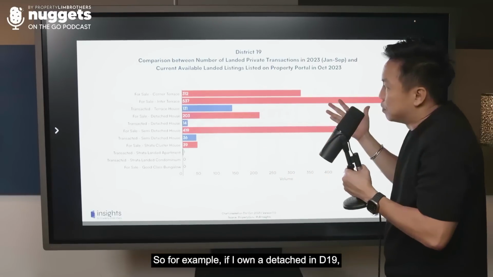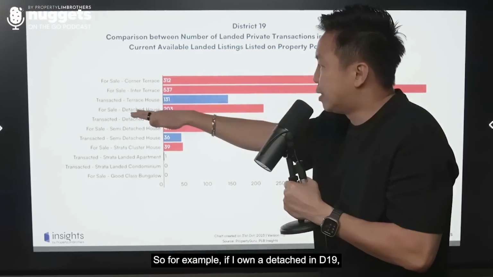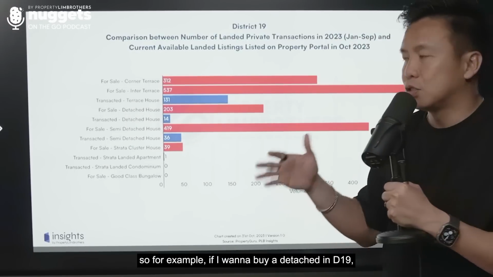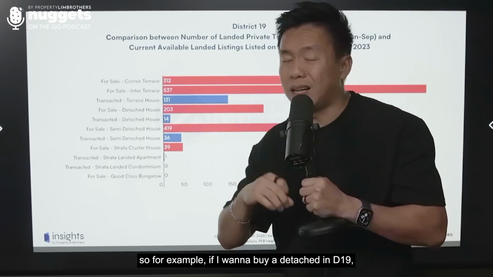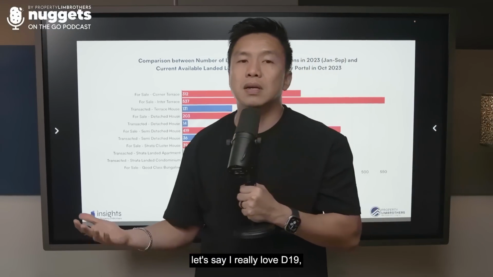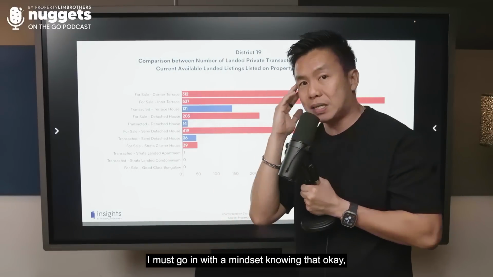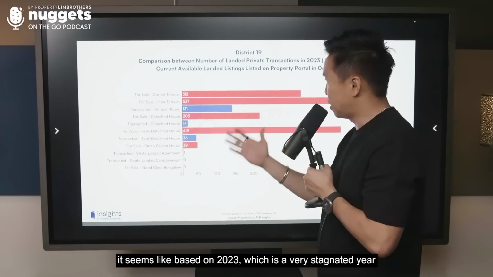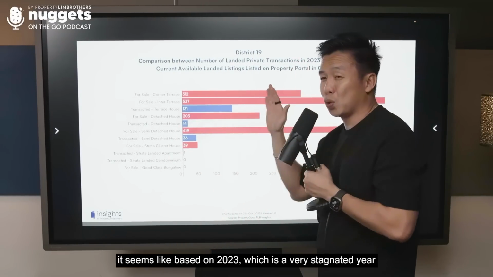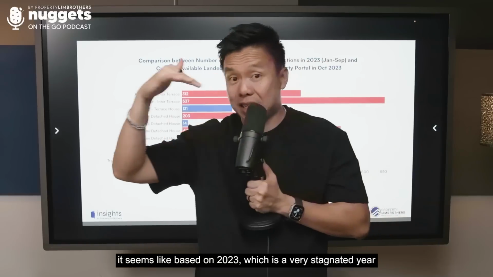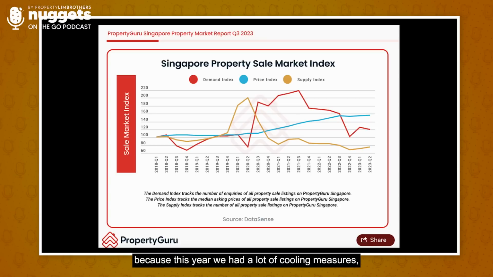So, for example, if I want to buy a detached in D19, let's say I really love D19, I must go in with a mindset knowing that, based on 2023, which is a very stagnated year, because this year we had a lot of cooling measures and high interest rates.